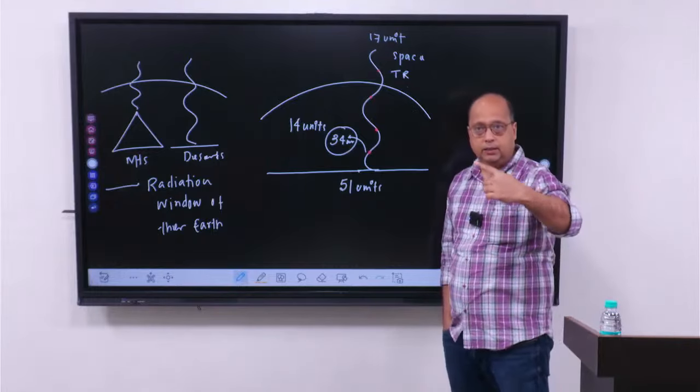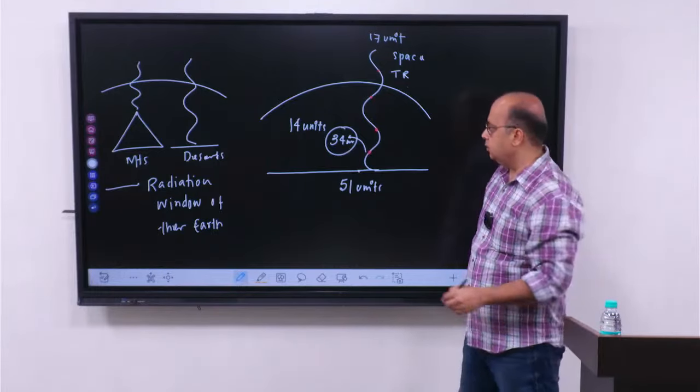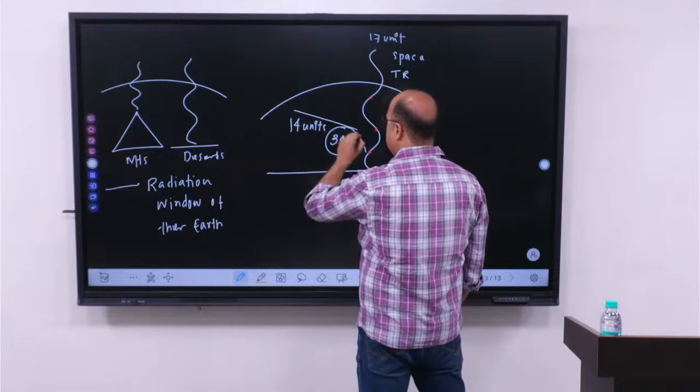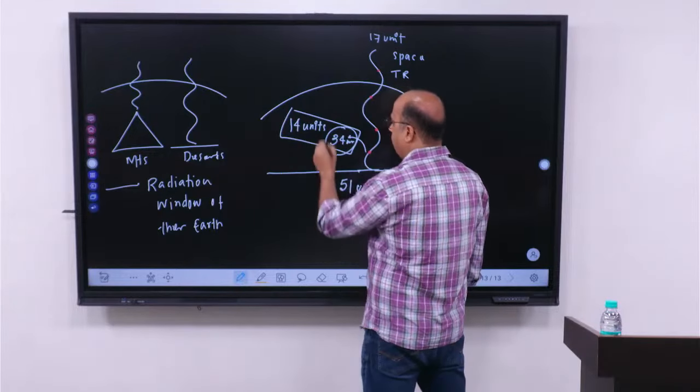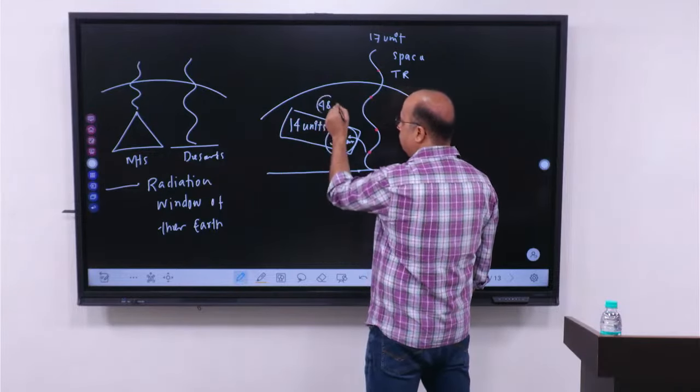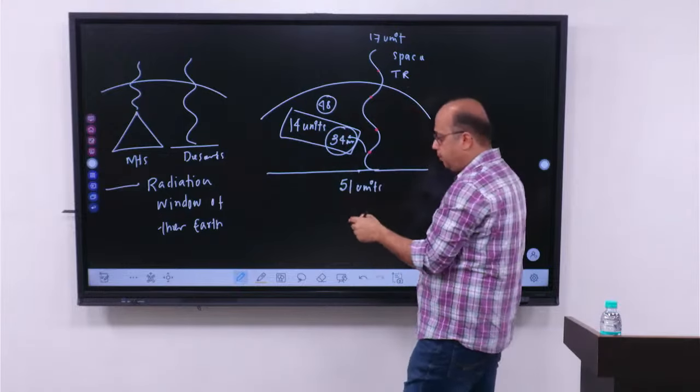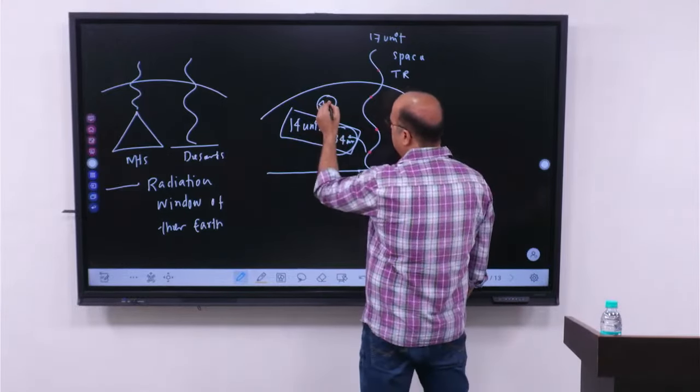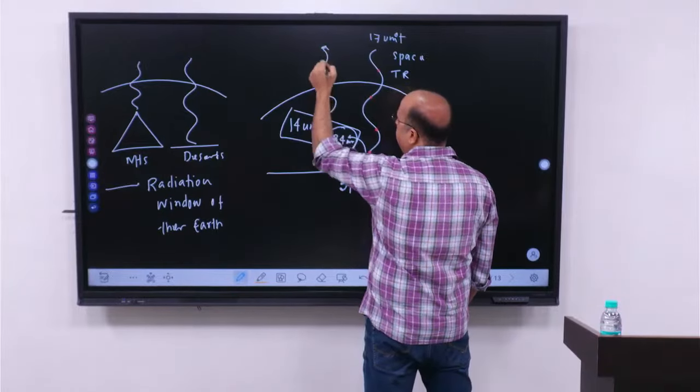How? By convection, conduction, radiation. So now the atmosphere has what number of units? 48. These two together make 48. From here it will go to space, 48.